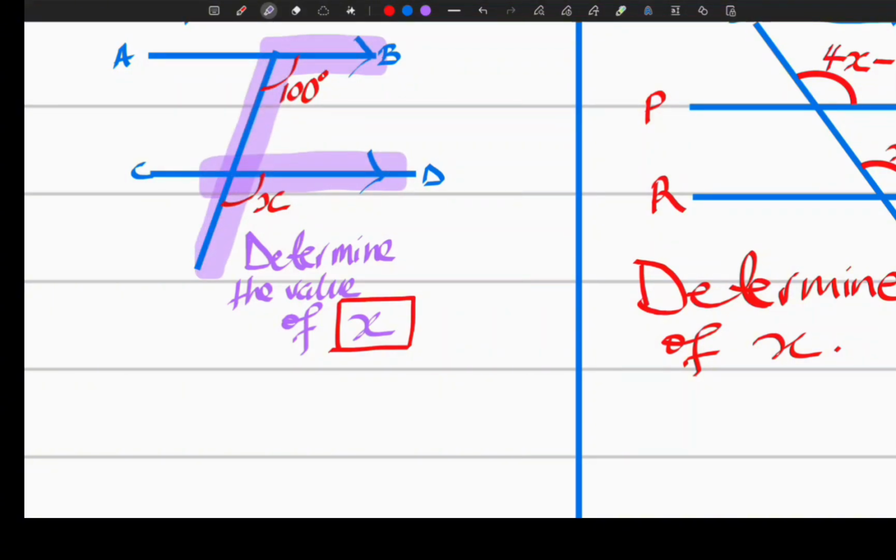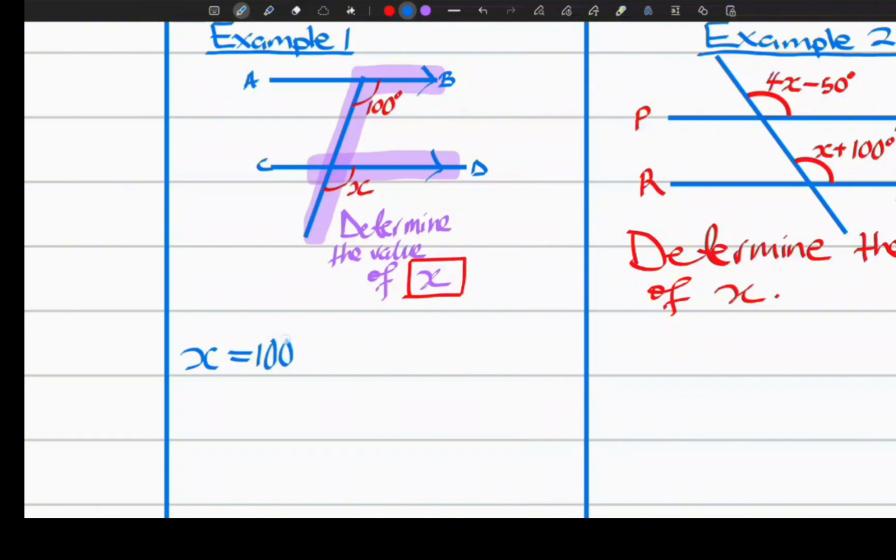And according to the theorem we've just discussed, x and 100 are corresponding angles, and therefore they are equal, meaning our solution will look something like this. x equals 100 degrees. And the reason why we're saying that is corresponding angles, AB parallel CD.